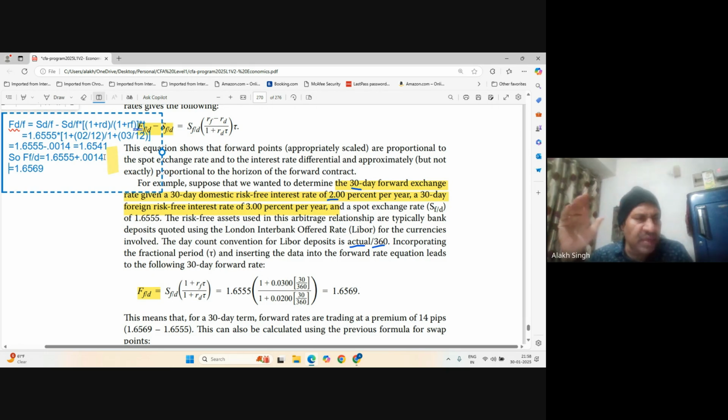When we are calculating FD by F, domestic currency is appreciating, so this will go down from 1.655 to 1.6541. And when we are calculating the forward F by D, then that will be added.